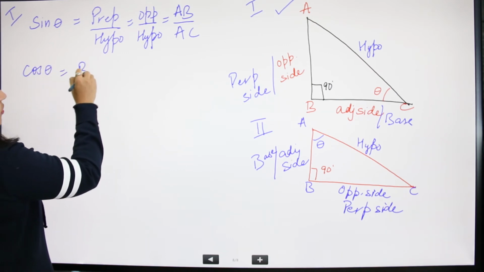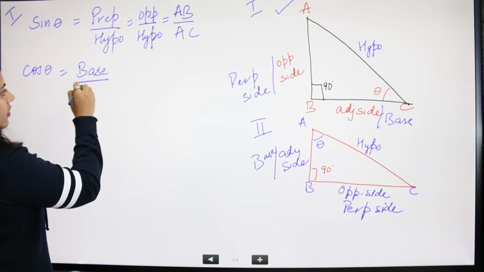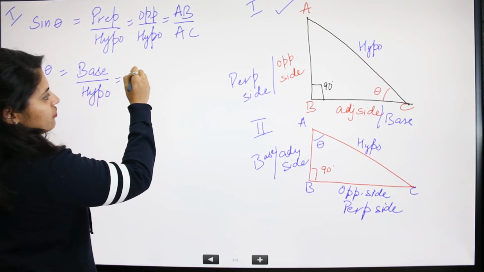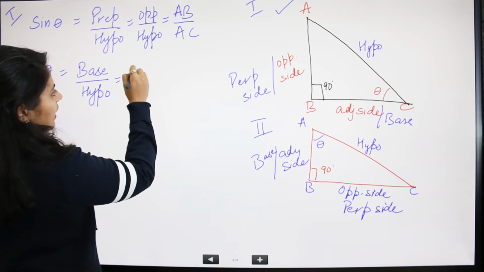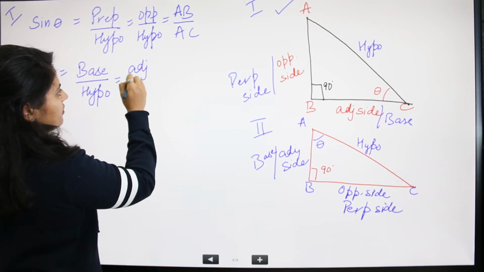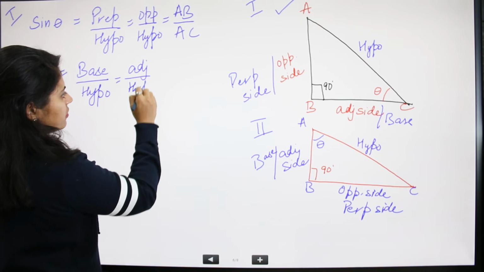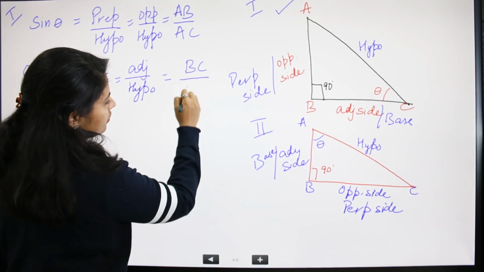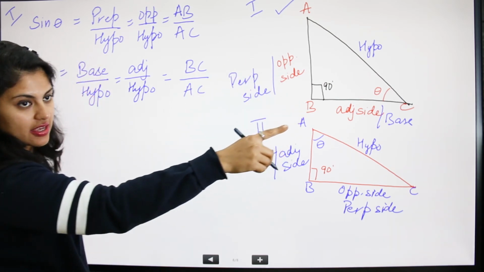Now next is cos theta. Cos theta is equal to base over hypotenuse. So for the base, we can write it also as the adjacent side, adjacent divided by hypotenuse. So the adjacent in that figure is BC and hypotenuse will remain the same, which is AC.